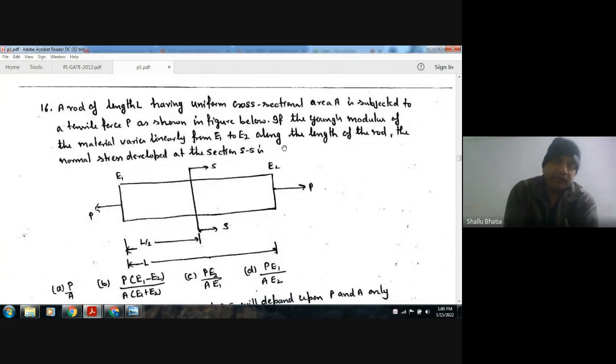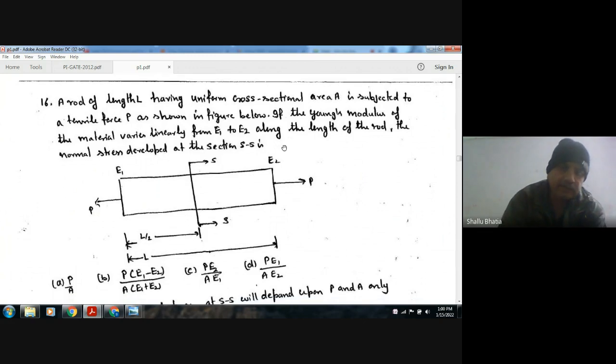A rod of length L having uniform cross-sectional area A is subjected to a tensile force T as shown in the figure below. If the Young's modulus of the material varies linearly from E1 to E2 along the length of the rod, the normal stress at the section is this.